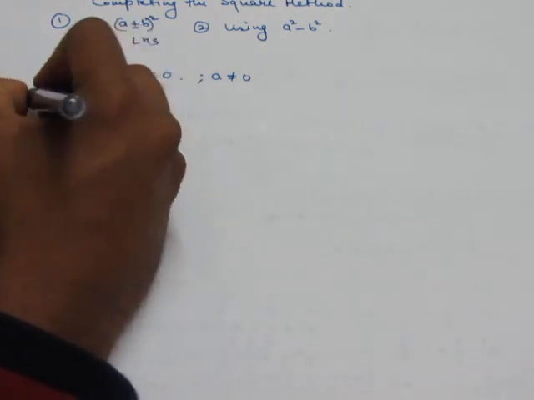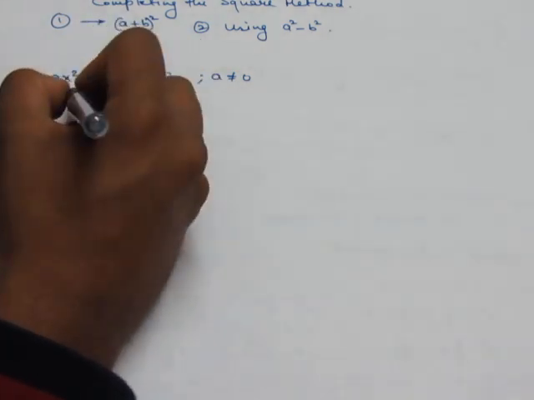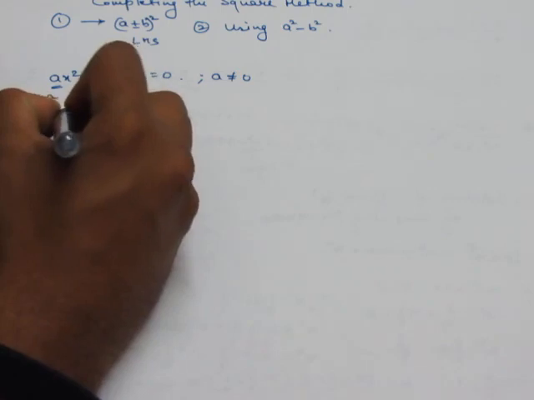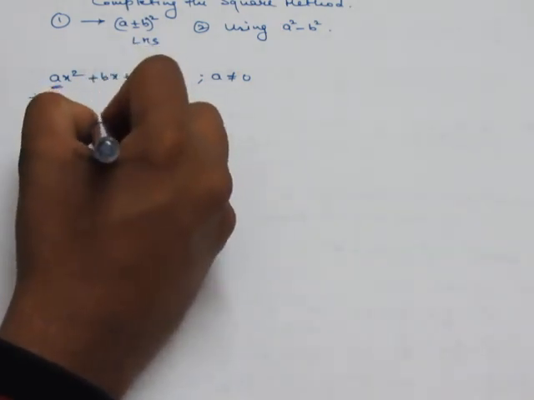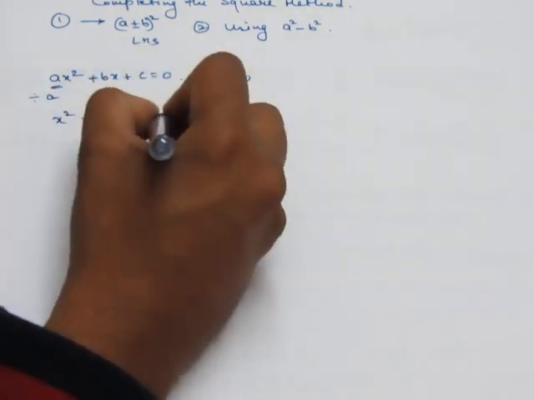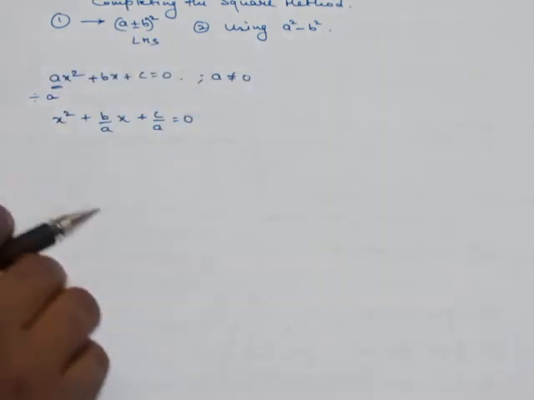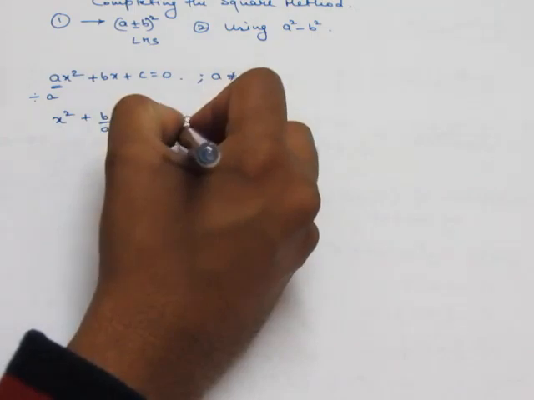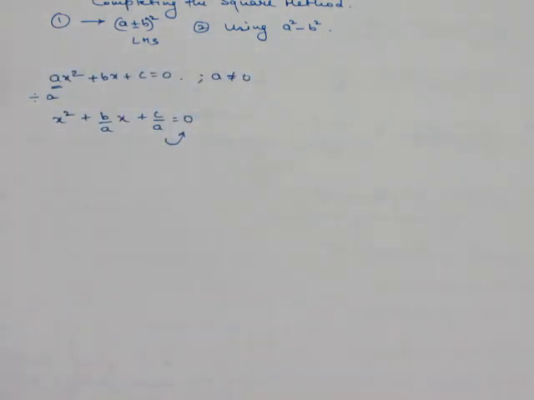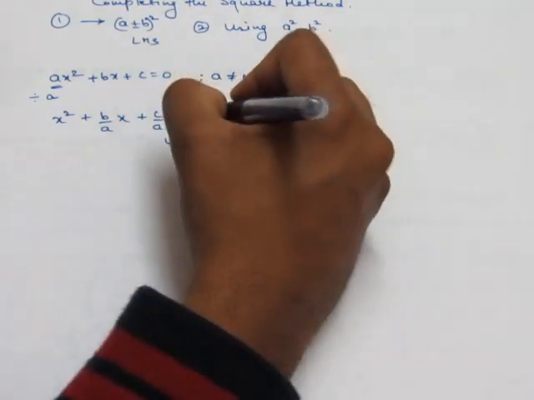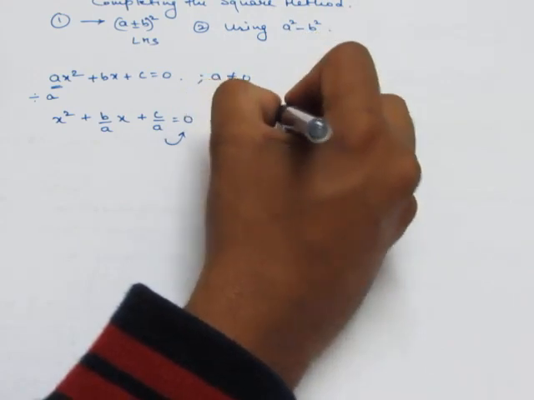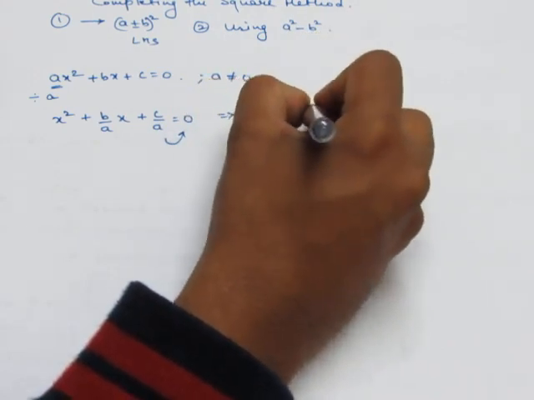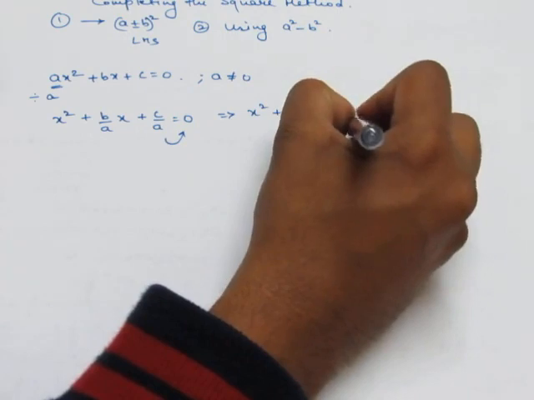So dividing it by a, what do I get? x square plus b upon a x plus c upon a equals 0. This much is clear. Then what we do, we transfer this constant part to the RHS and we get x square plus b upon a x equals minus c upon a.